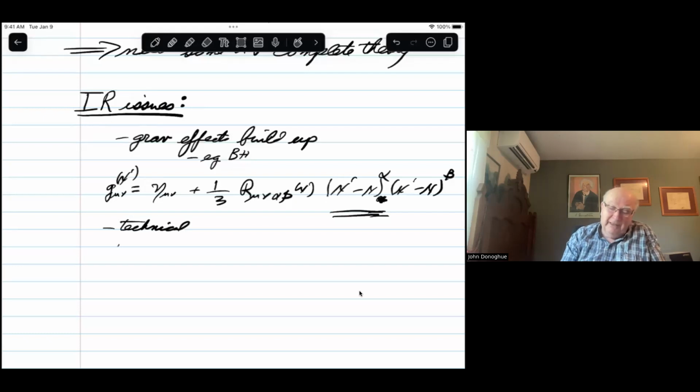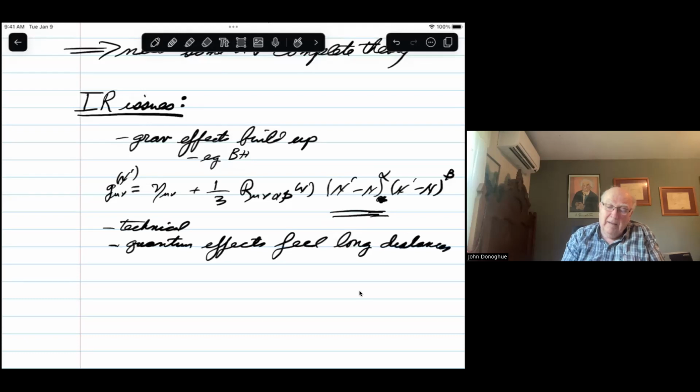And that's relevant because the quantum effects feel long distances. Many of the quantum effects that I gave you went like 1 over the distance cubed, and so they can actually feel things. If you try doing perturbation theory in the presence of a black hole, you actually are sensitive to the curvatures, the metric getting big there.